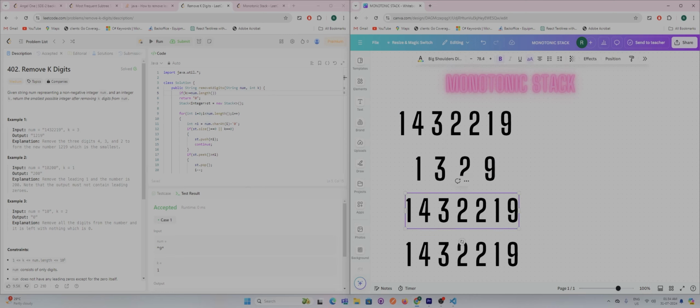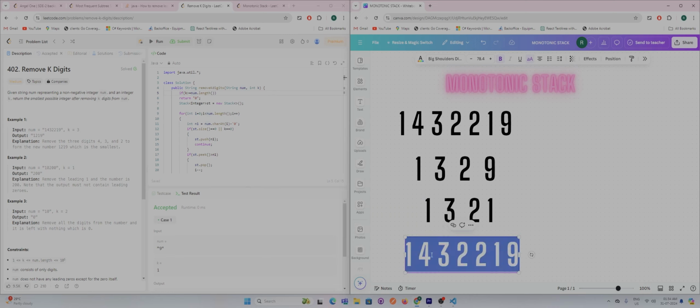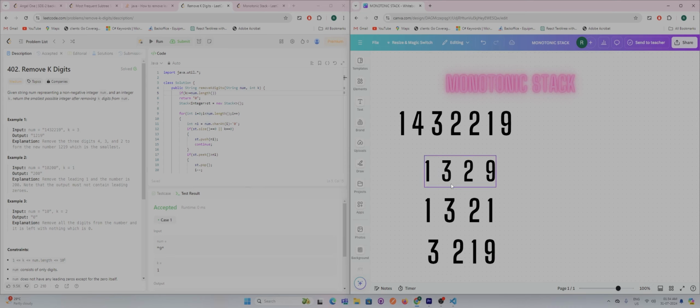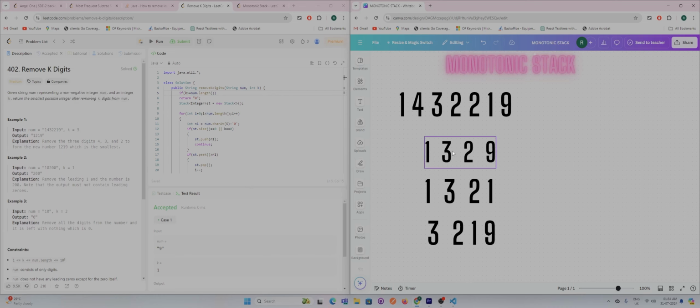And then I remove 4, I remove 2, I remove 9, 1321, like that. I'm just removing three numbers, 3219. Now which one is the smallest? Obviously if you do it like this, you will realize that the smallest is always going to be 1219, right? So how do you find out which one is the smallest number?